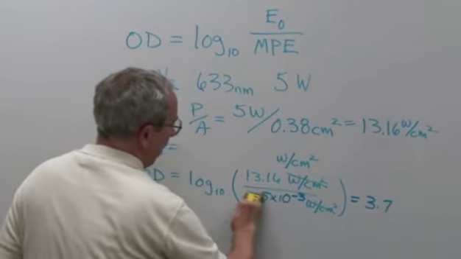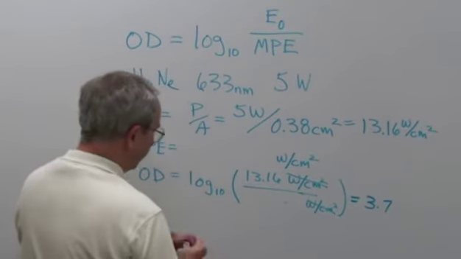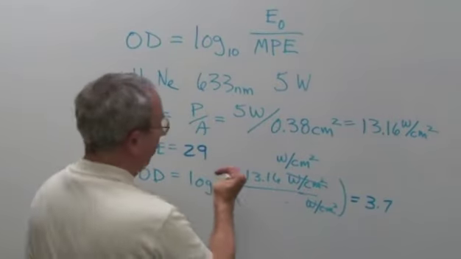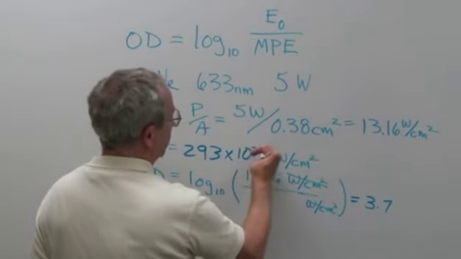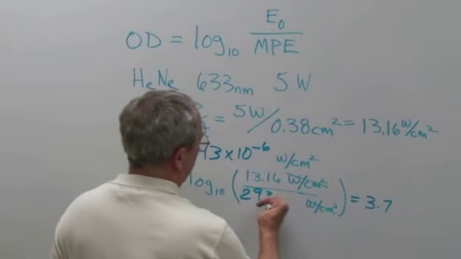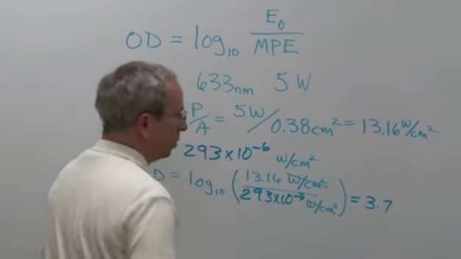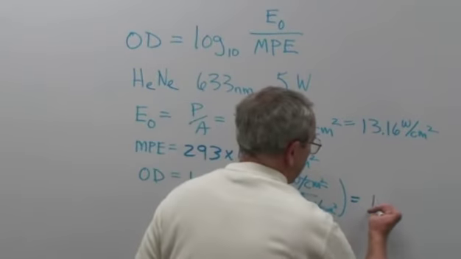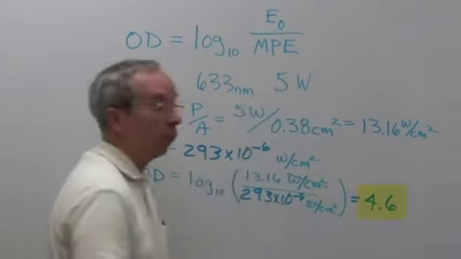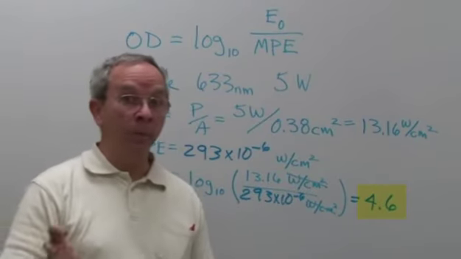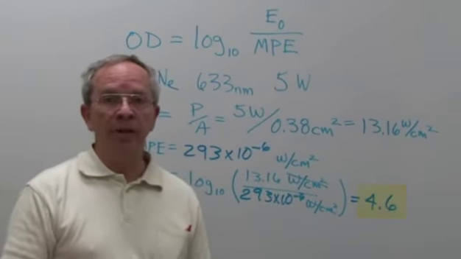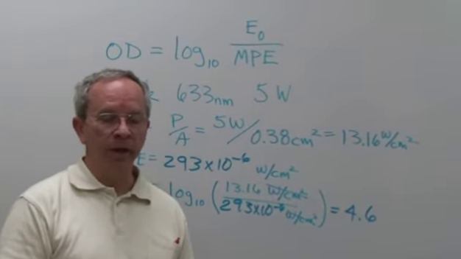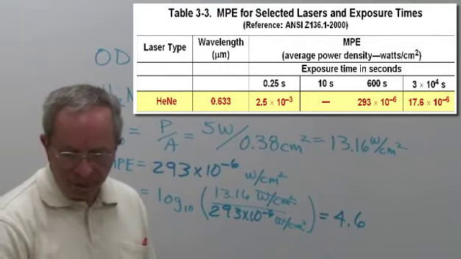So we would change that value in our formula to 293 times 10 to the minus 6 watts per square centimeter. And I've done that calculation, and that would come down to an OD calculation of 4.6. So we would need a little bit more optical density eye protection if we were going to work with a longer exposure to lasers. How about that last column in the table?